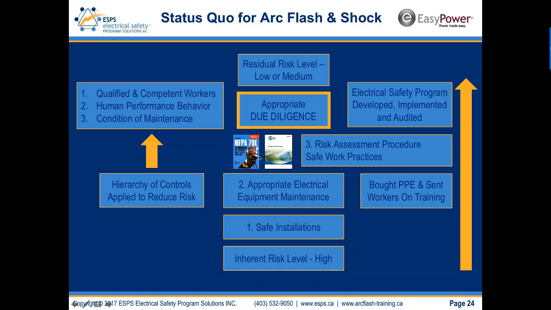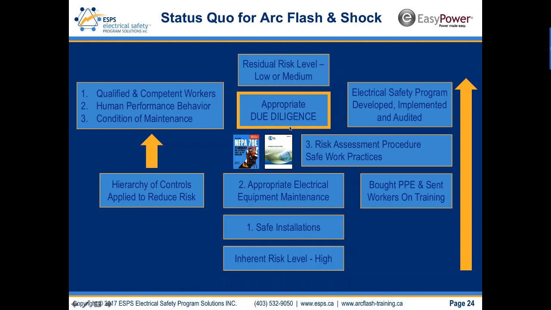The latest editions of 70E and Z462 embed this risk assessment procedure and take it to the next level. So on the left-hand side, we now want to formally apply the hierarchy of controls identified by Occupational Health and Safety Management System Standards, ANSI Z10 for the US, CSA Z1000 for Canada, to drive the residual risk level after you apply the controls to, in my case, what I call lower medium risk.